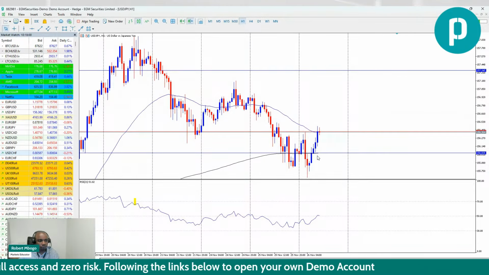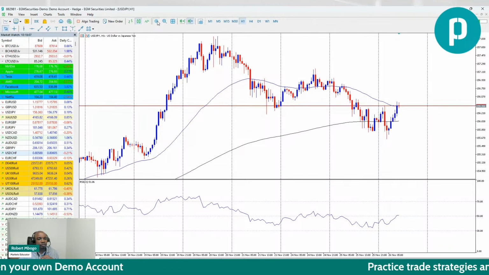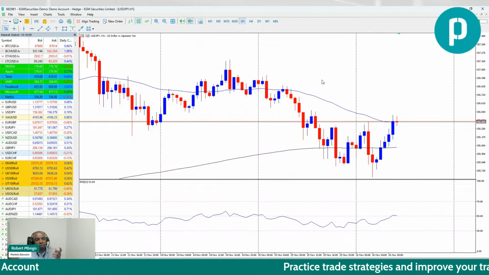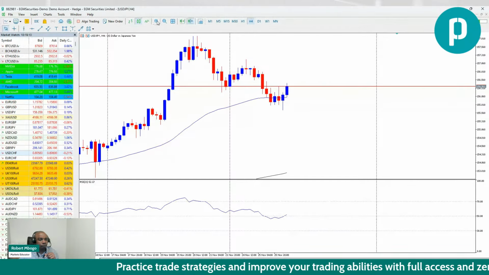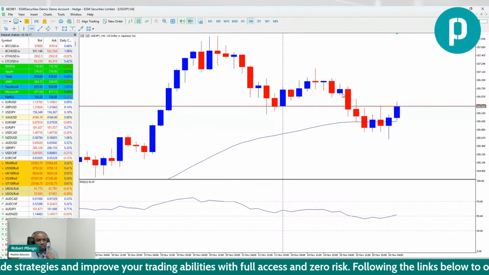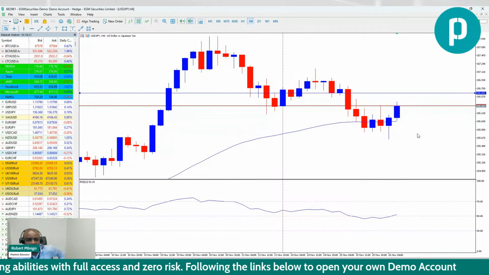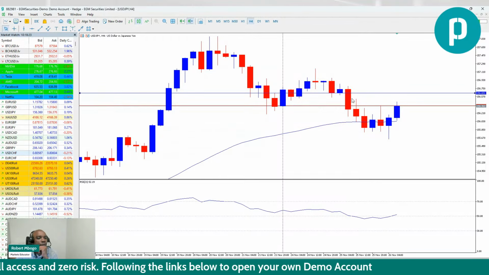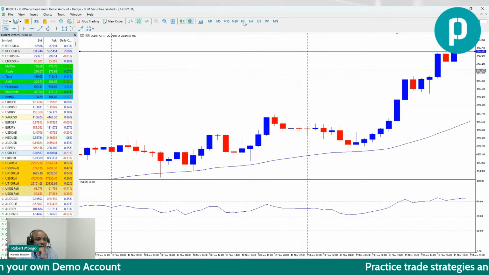Let me remove something here. For USD JPY, let's go to H4. I would want to see how USD JPY reacts to this order block, that is 156.65. That's an area with possible sellers. Let's go to H1.